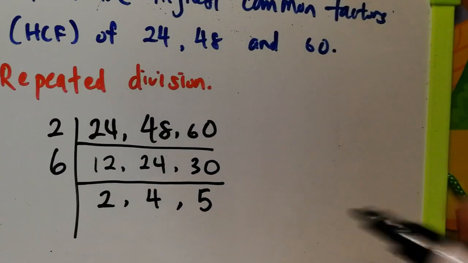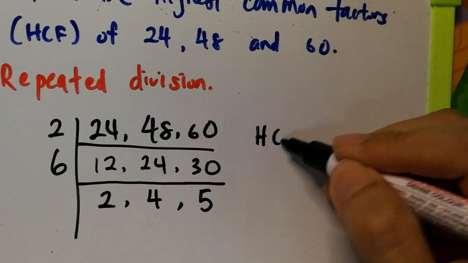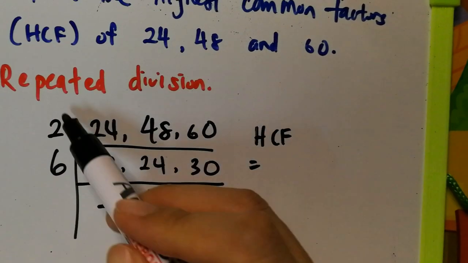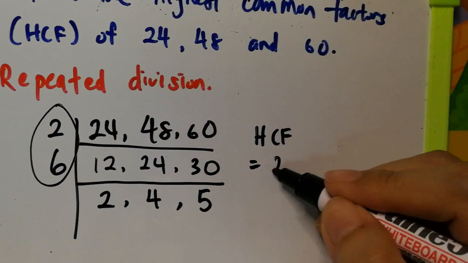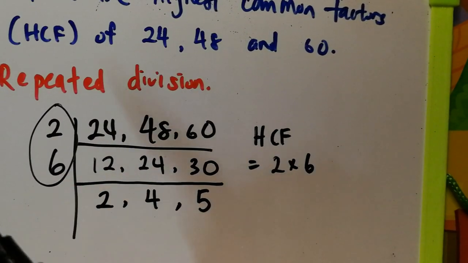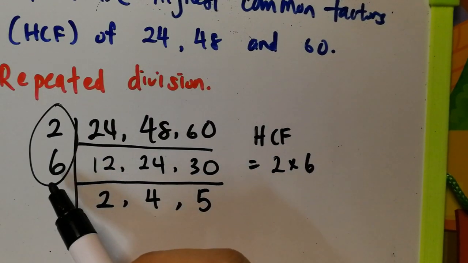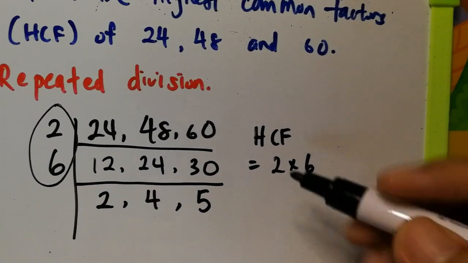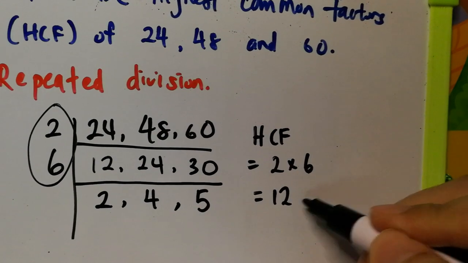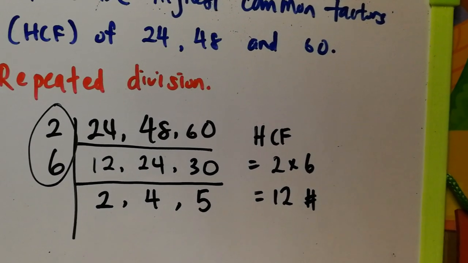So lastly, for our answer, the highest common factors, you have to multiply these numbers. If there are 2 numbers, you multiply the 2 numbers. If there are 3 numbers, you multiply the 3 numbers. So your highest common factor will be 12.